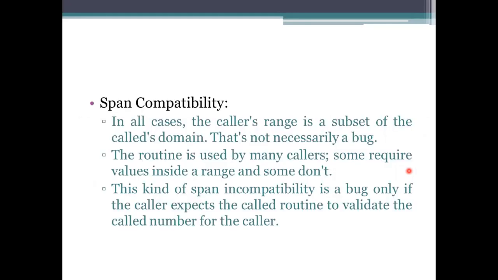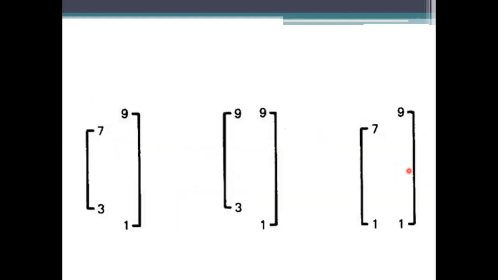Coming to span compatibility, what we have to do is study the range. In this range, we take the routine's values and specify whether the caller's range includes the specified values or not. For example, there are three such representations considered harmless here.